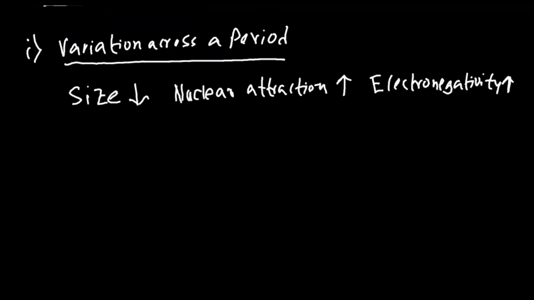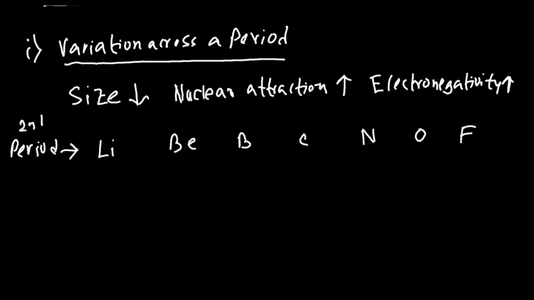Okay, if you compare between lithium, beryllium, boron, carbon, nitrogen, oxygen, fluorine, these second period elements, and if I write down their electronegativity values, then what you will observe?